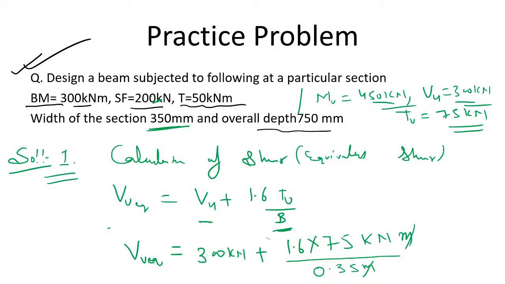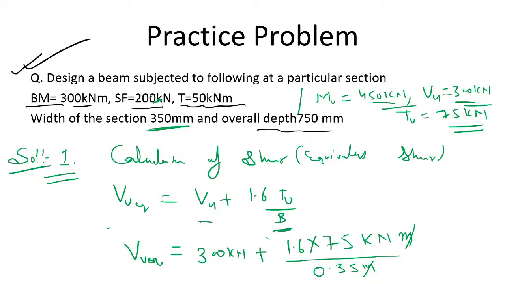So please calculate this. Let me open my calculator. Yes. So it is 1.6 into 75 divided by 0.35 plus 300.